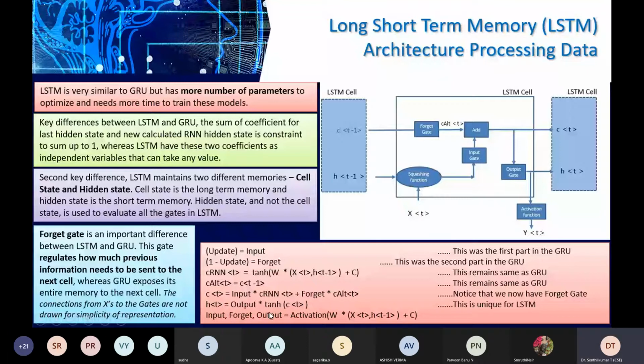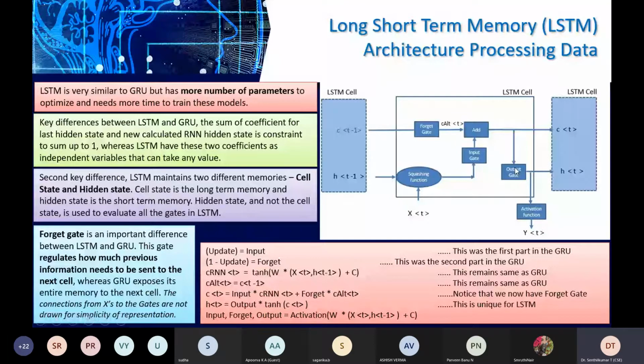Now, once you have your input, forget, and output, together we apply an activation, right? Fine. So, what I'm trying to conclude here is that LSTM mostly resembles GRU, but LSTM has its own characteristics, like an output gate, which is one key difference for LSTM compared to GRU, right?